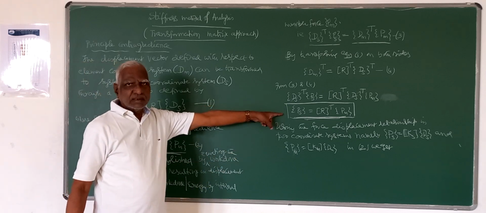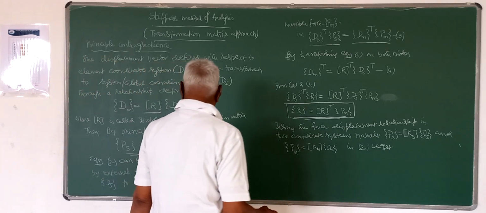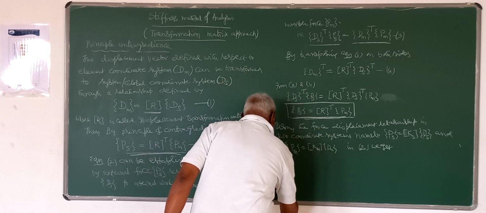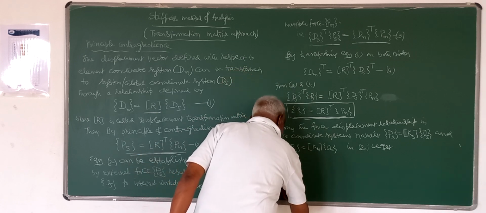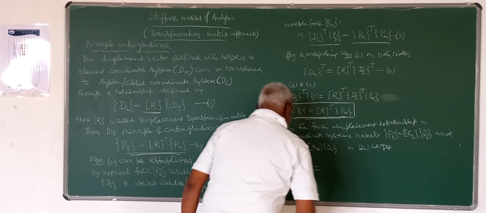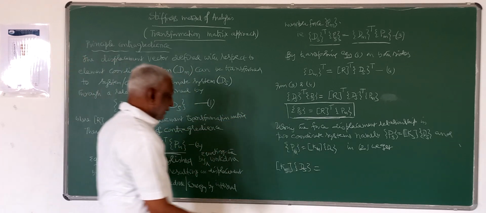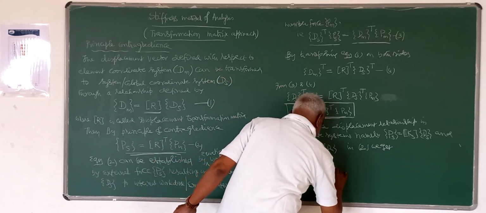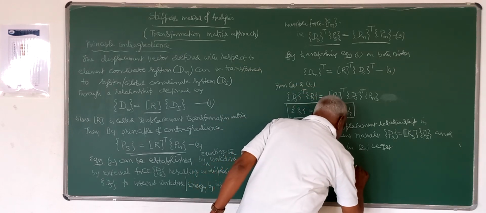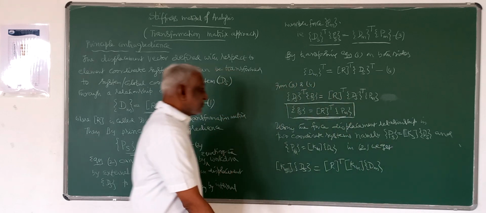So if I use this force displacement relationship, instead of PS, I can write Ks into ds. PS is equal to Ks ds, R equals RT into PM. PM is nothing but Km into dm. This is what I am going to get.